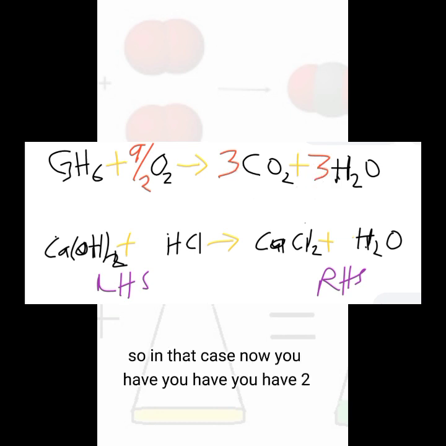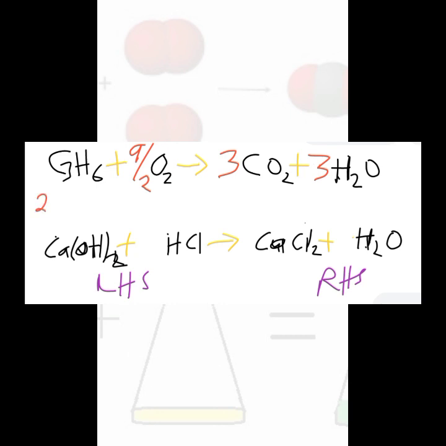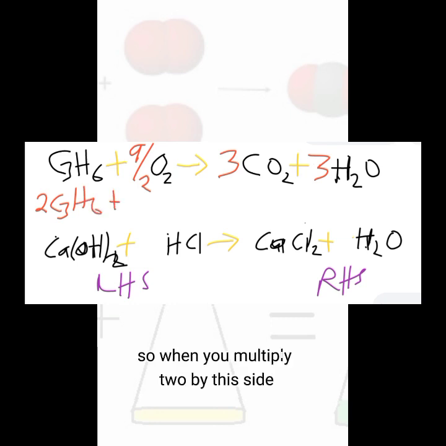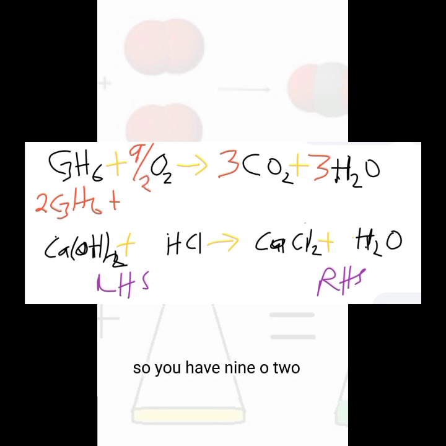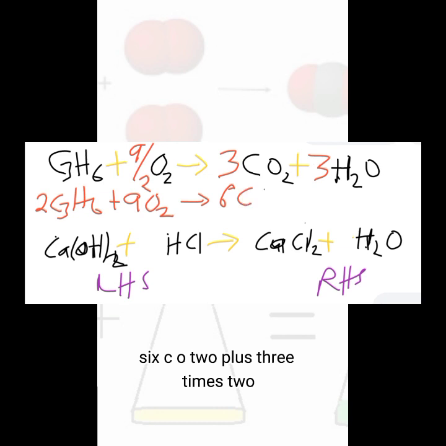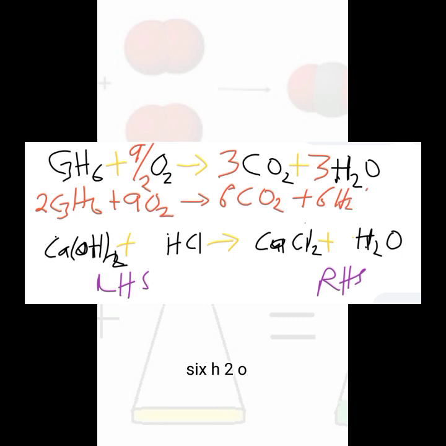So in that case now, you have 2 C3H6 plus, so when you multiply 2 by this side, it becomes 9 O2 to give 3 times 2, that would be 6 CO2 plus 3 times 2, 6 H2O.